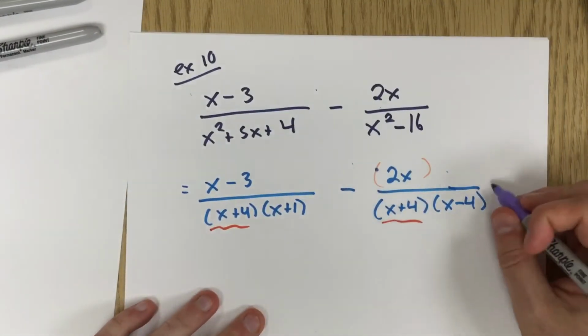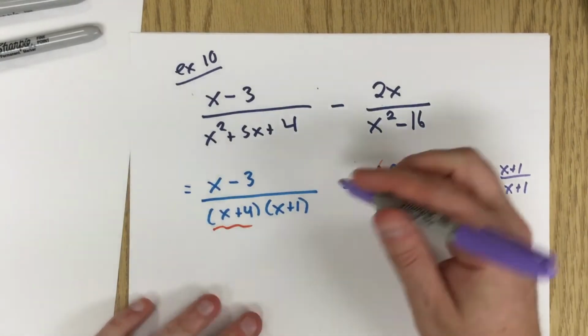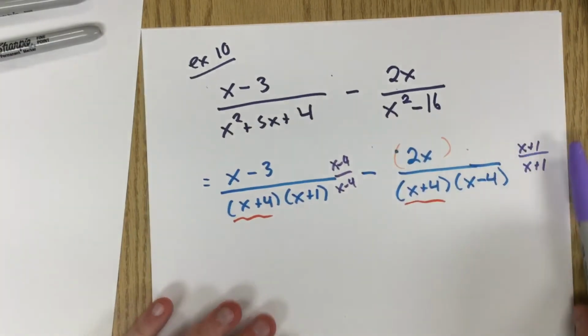We need to get the x plus 1 over here, so we multiply by x plus 1 over x plus 1. We need to get the x minus 4 over here, so it's going to be x minus 4 over x minus 4.